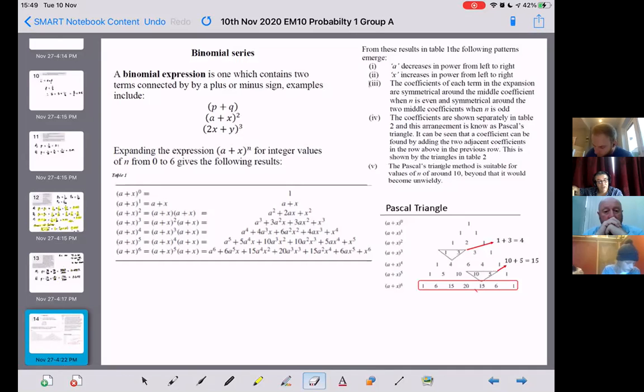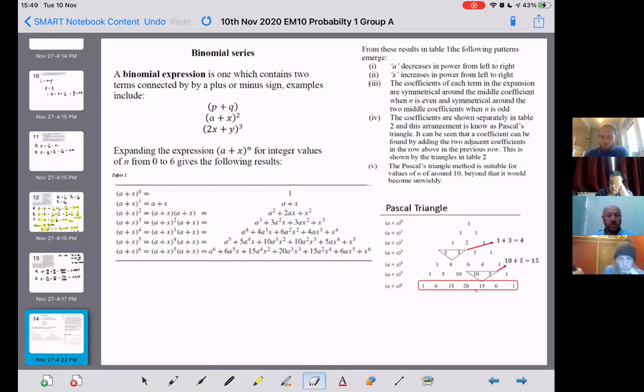Expanding a plus x to the n for integer values of n from 0 to 6 gives the following results. Anything to the power 0 is equal to 1, and that's always the case, and you should be remembering that.